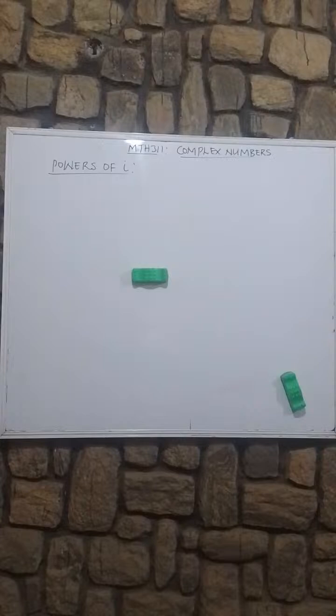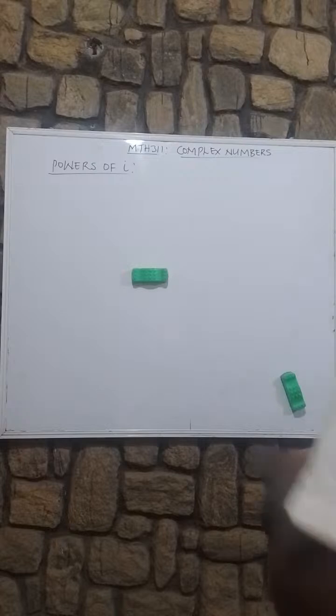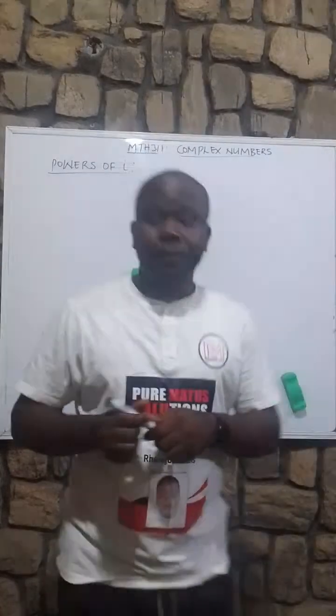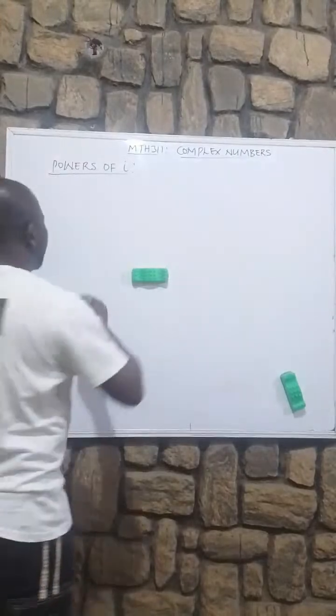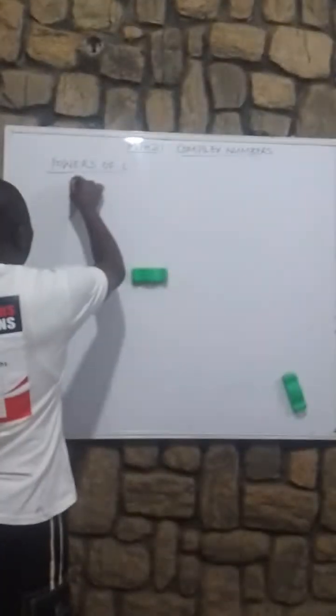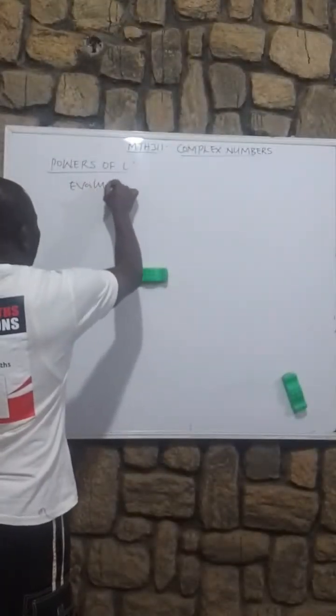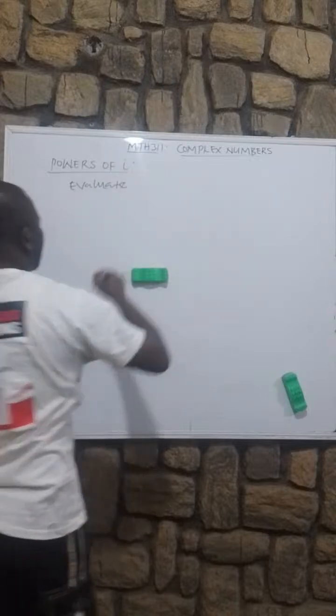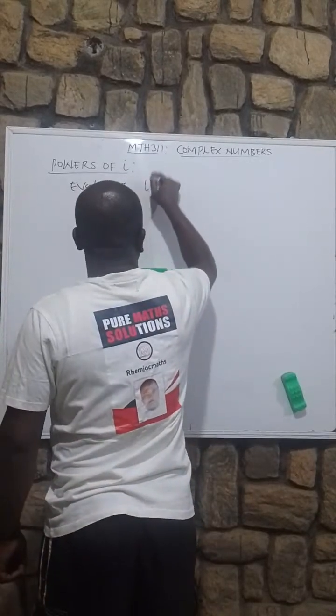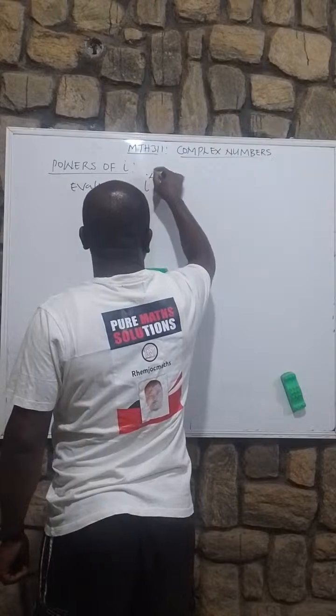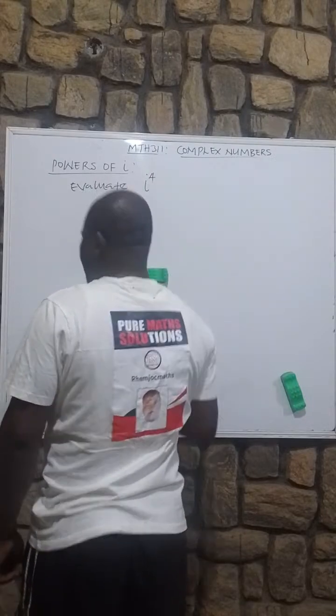Sorry for the break in transmission. We'll be looking at powers of i. The other day, I said if we are asked to evaluate i raised to power 4, we look at it this way.